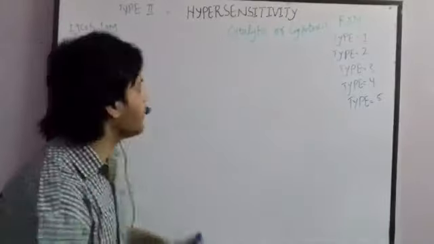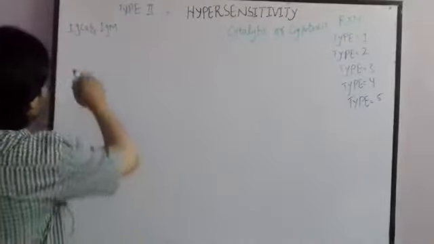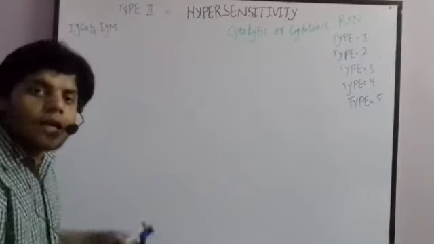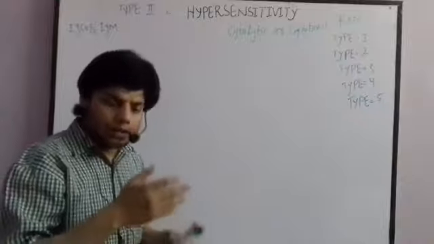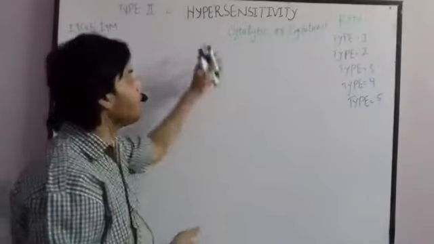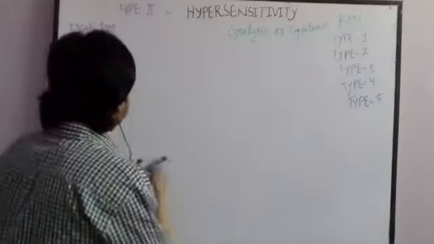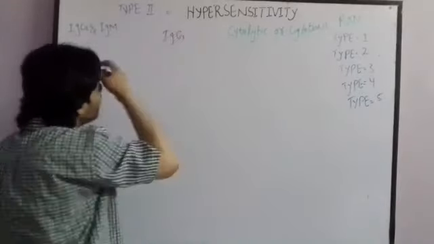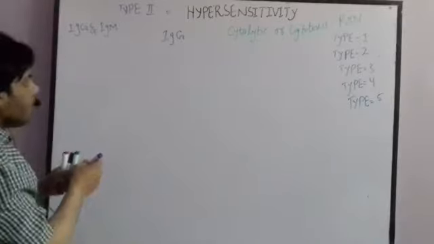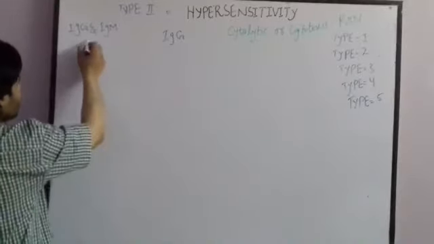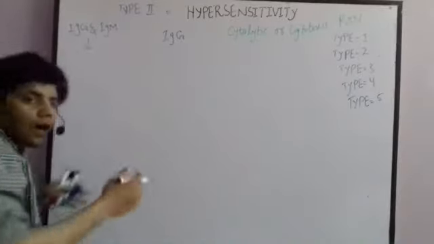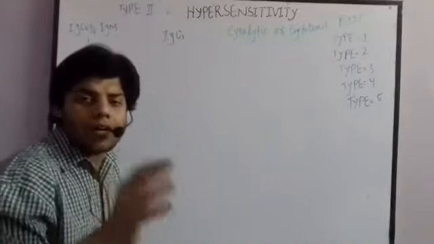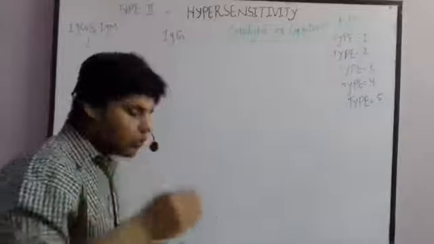Let's suppose IgG and IgM are produced inside the body of patients who have type 2 hypersensitivity. In the first case, this IgG and IgM connect with C1q proteins.